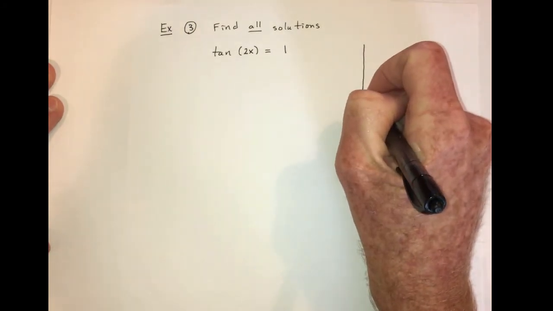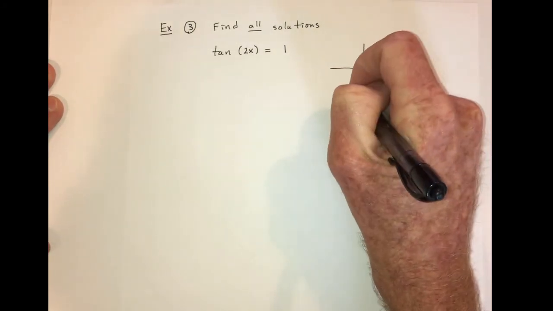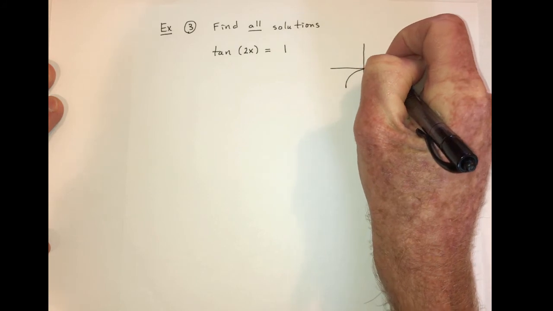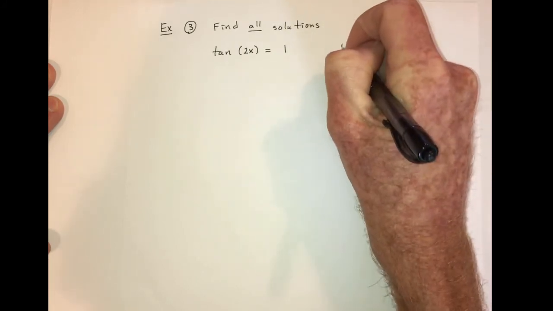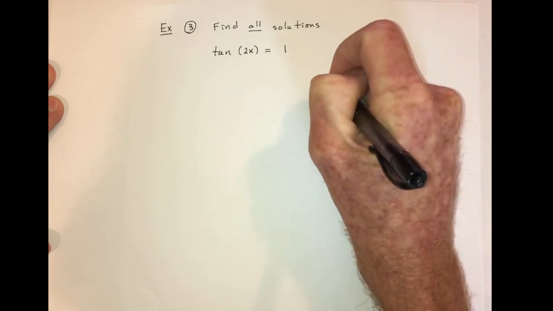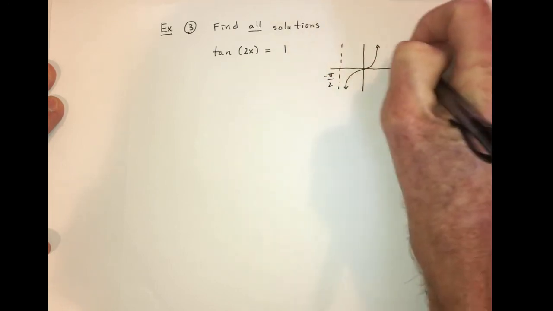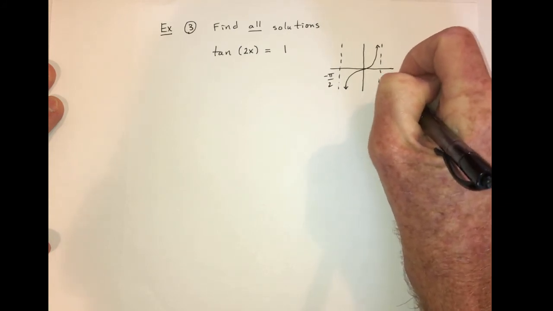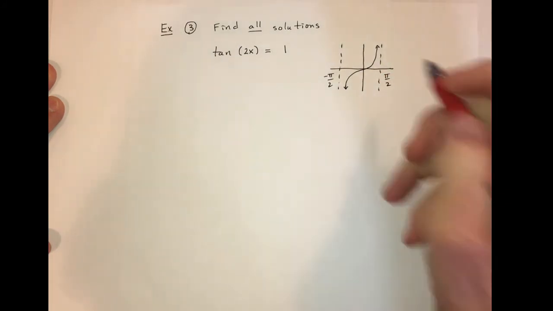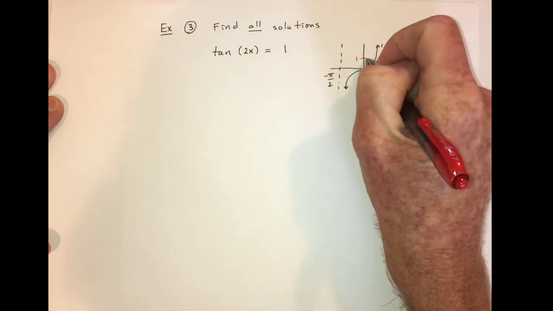So the tangent graph looks like this. There's an asymptote at negative pi over 2, and there's an asymptote at positive pi over 2. And then when does tangent equal 1?